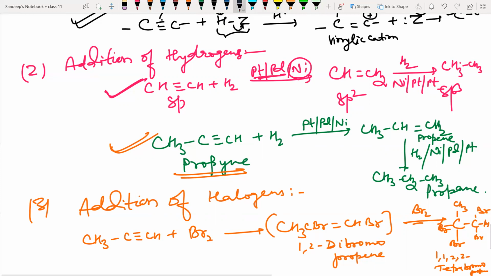So you will write the nomenclature like 1, 2, 3. The longest carbon chain is 3. So position 1 has 2 bromines, position 2 has 2 bromines. So 1,1,2,2-tetrabromopropane.